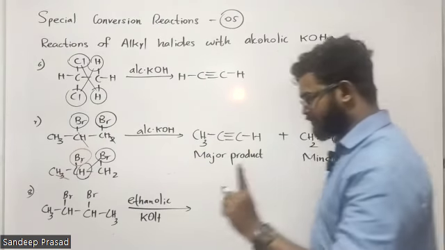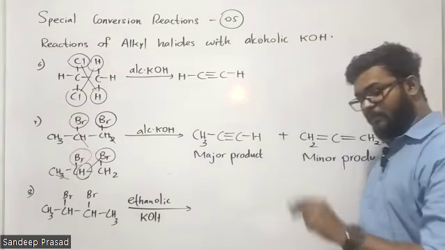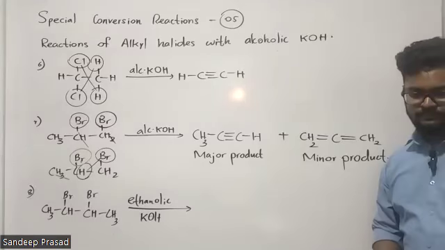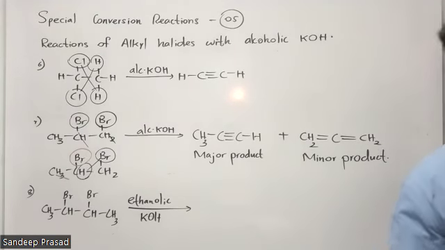So there will be only one major product, but there are two minor products. Check that you can go for the answers. Definitely you should be able to go for the answers, right?